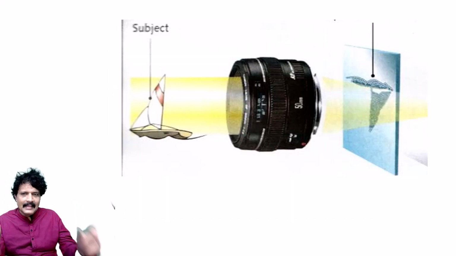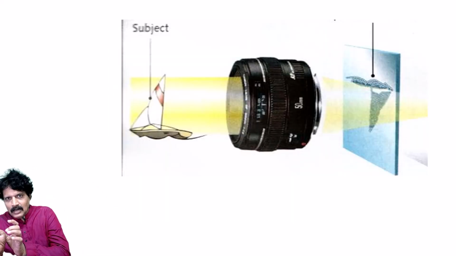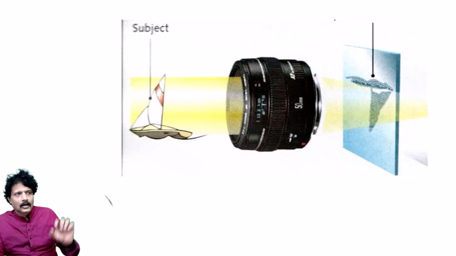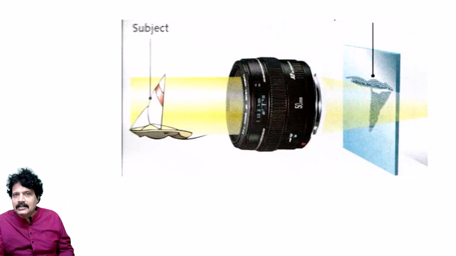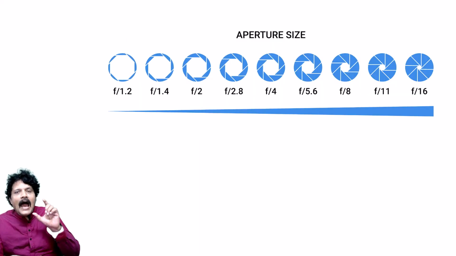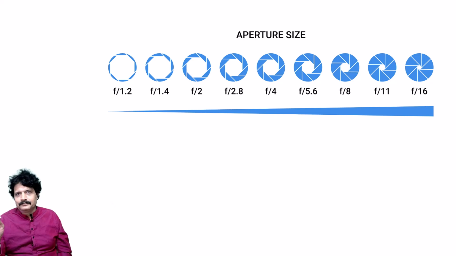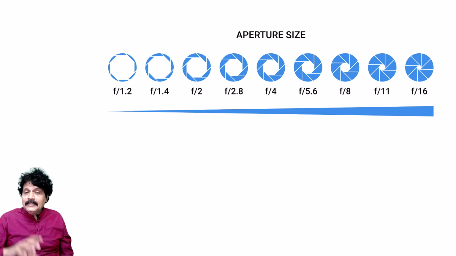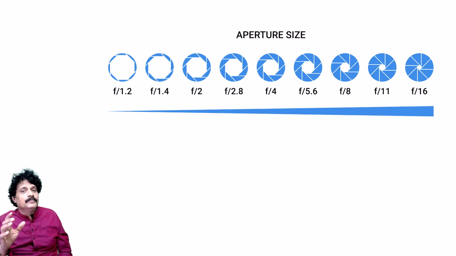So we have the lens, we have the sensor, and now, just like our eye has an iris to control the intensity, in our camera we have a device we call the aperture. The aperture is a diaphragm at the center of the lens, using which I change the diameter of the light passing through the lens.